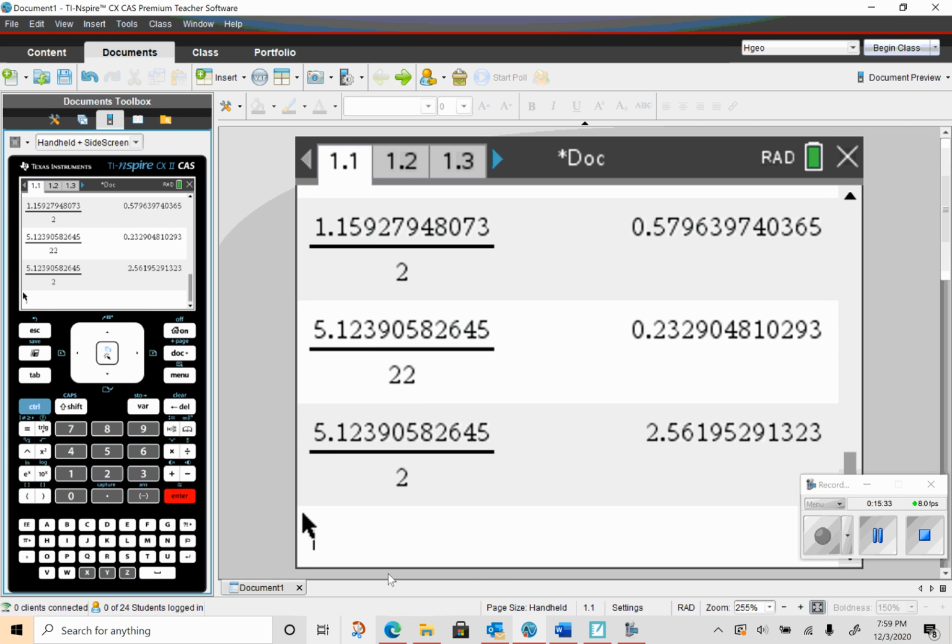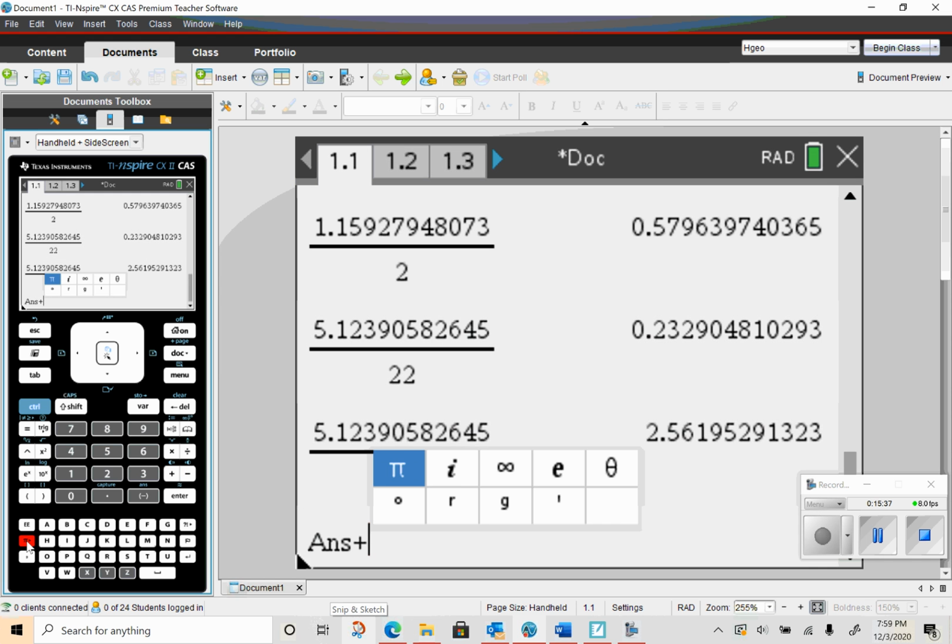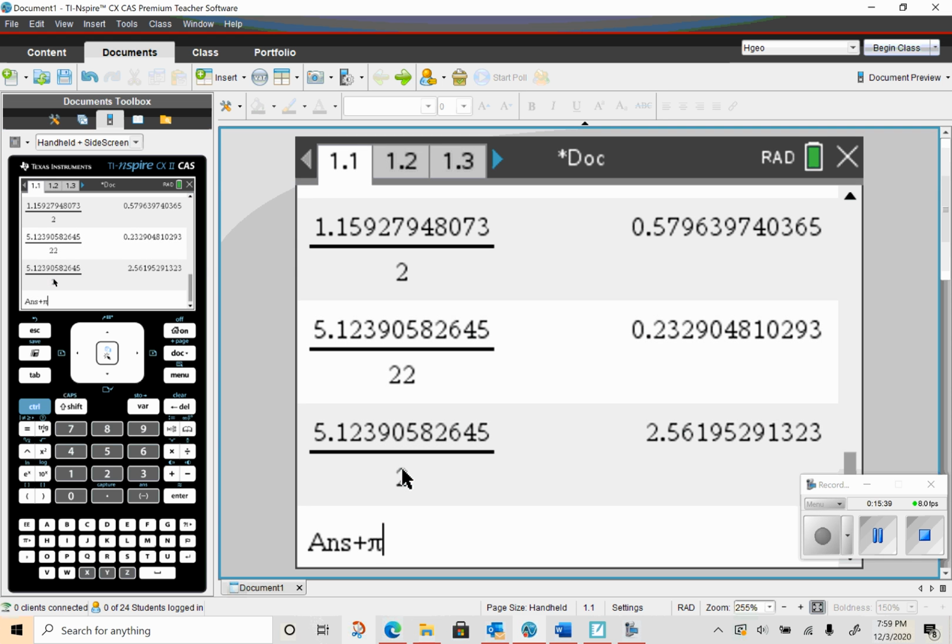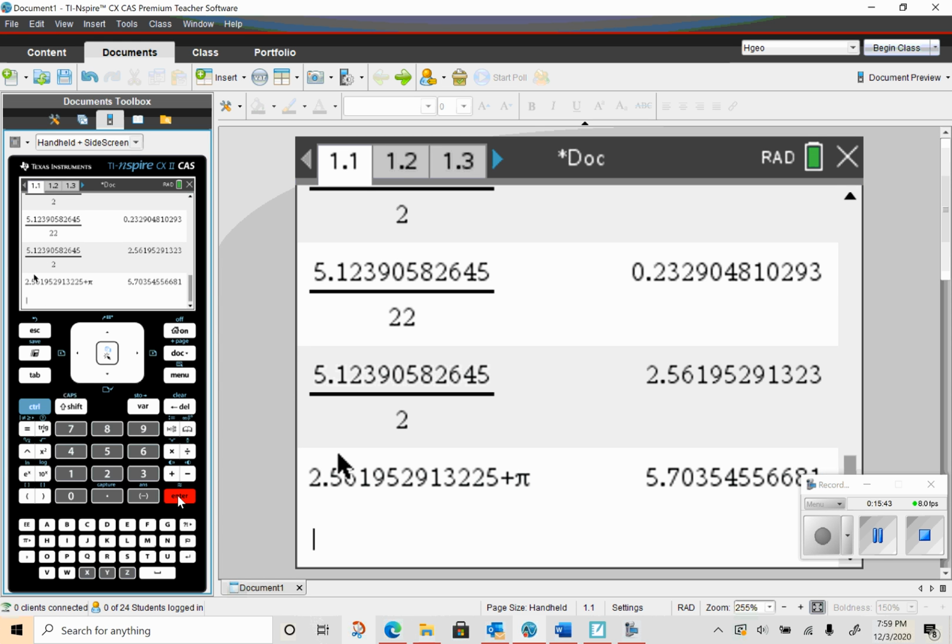So if I just take that previous answer and add pi while it's there, it's at this point where I'm going to do the rounding. I'm not going to do that way back at the start there. I'm going to do the rounding as my final step.